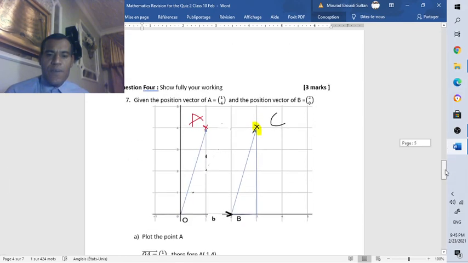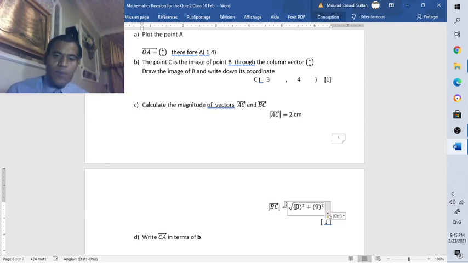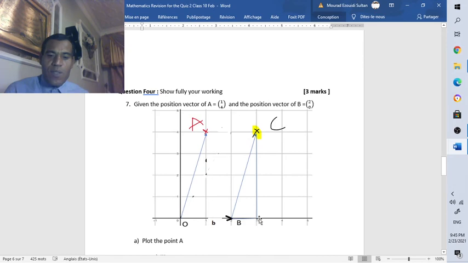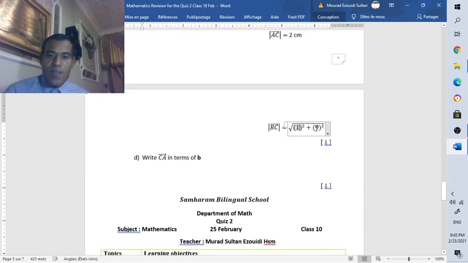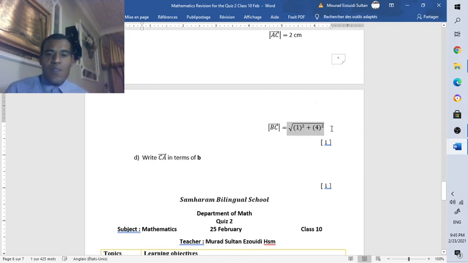Okay, my learners, so the formula is this. We have 1 squared plus how many units here? Here, 1 squared because it is 1 square to the right and 4 up. So I will make 1 squared plus 4 squared. It will be 17. So the answer will be the square root of 17.